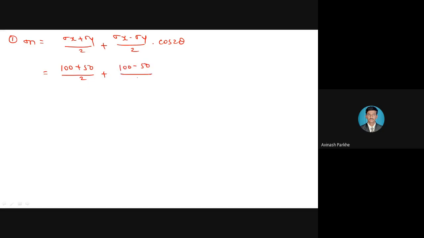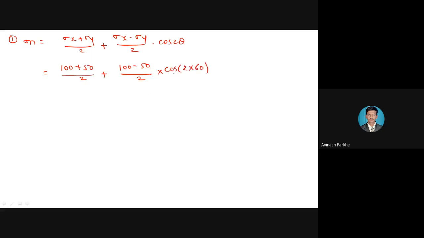First, sigma n is equal to (sigma x plus sigma y) divided by 2 plus (sigma x minus sigma y) divided by 2 into cos 2 theta. So sigma x 100 plus 50 divided by 2 plus 100 minus 50 divided by 2 into cos 2 into 60.